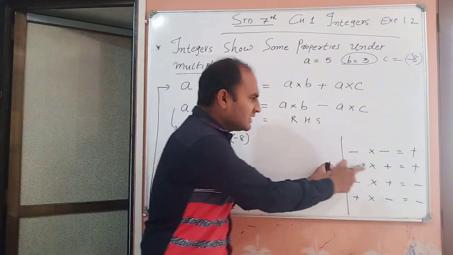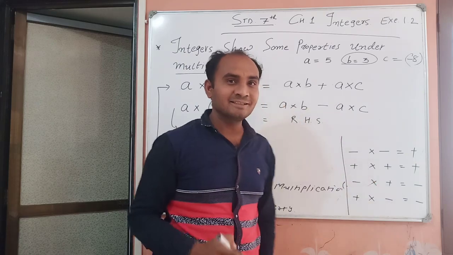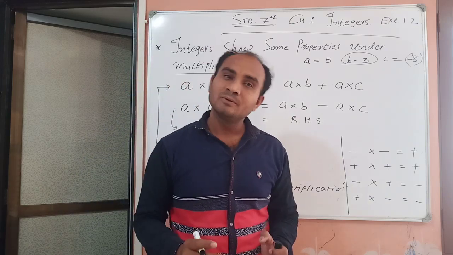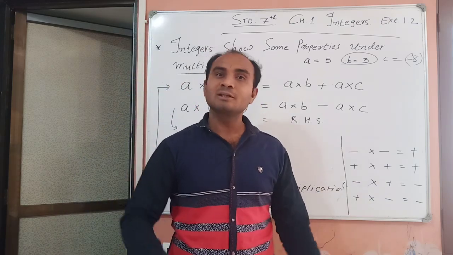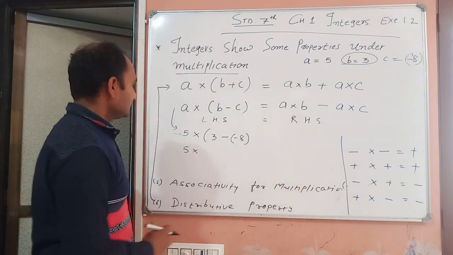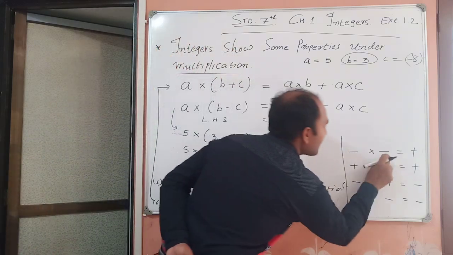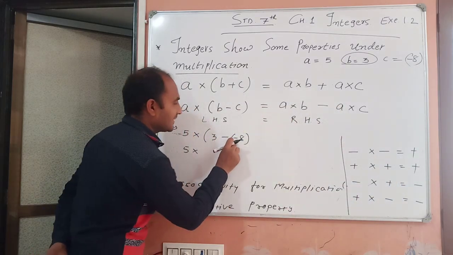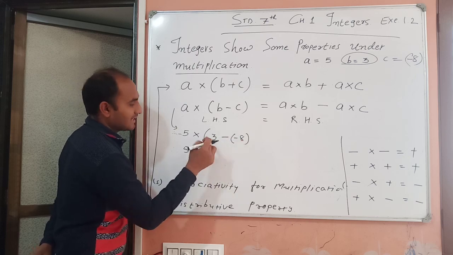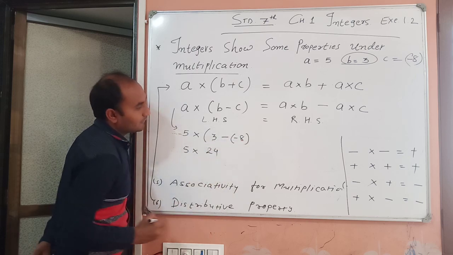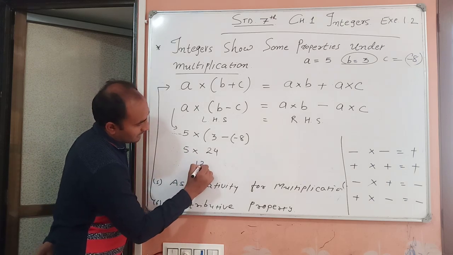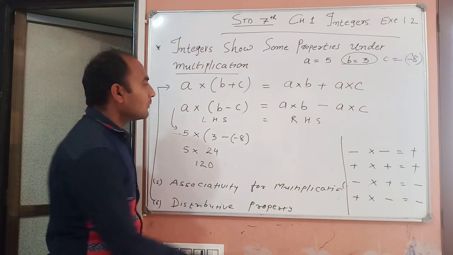Remember all these symbols very well. It is very helpful to get the correct answer. If we put the wrong symbol, then our answer will be absolutely wrong. So here minus minus plus. 8 3s are 24, and 24 5s are 120, as we know very well.